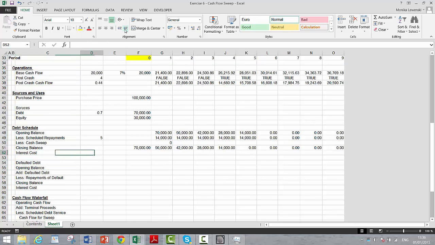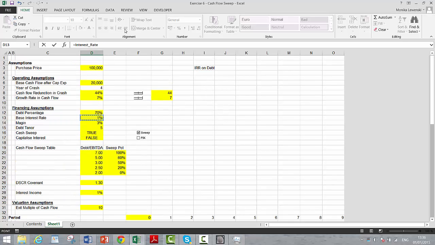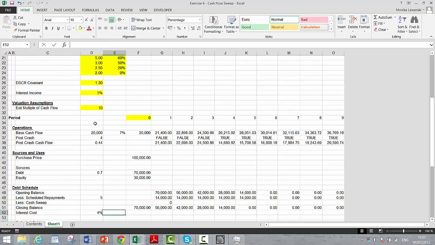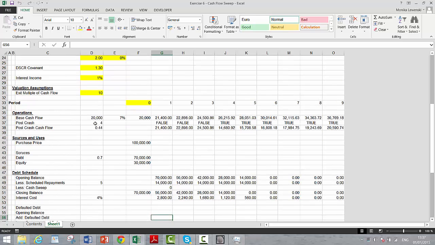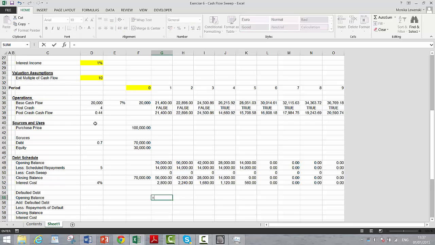Okay, and then the interest cost, well that's the interest rate plus the credit spread. So let's take the opening balance and multiply that opening balance by the number. And then we get the defaulted debt. Oops, I didn't copy this across. The defaulted debt opening balance equals the closing balance of the prior year.